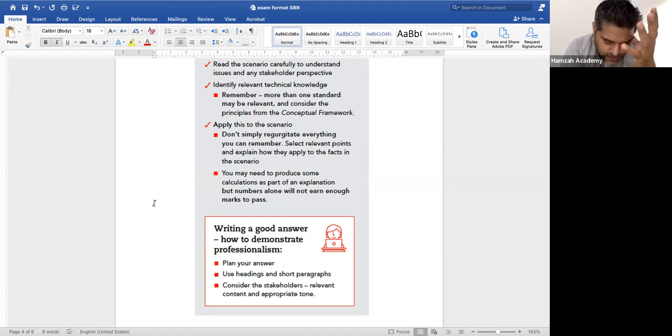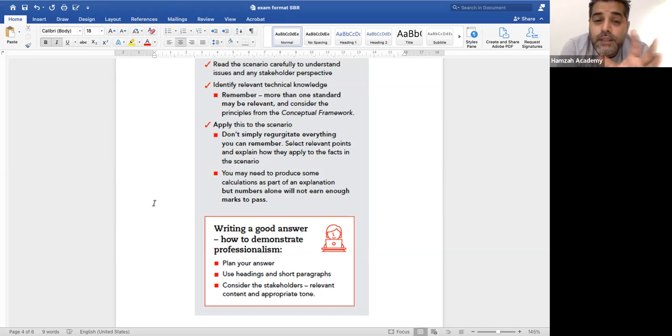I don't remember all five or six at the moment. Self-review, self-interest, advocacy, familiarity, and intimidation. Yes, I remember now: five threats we have already studied. We can apply those ethical threats to our current scenario of the SBR as well.